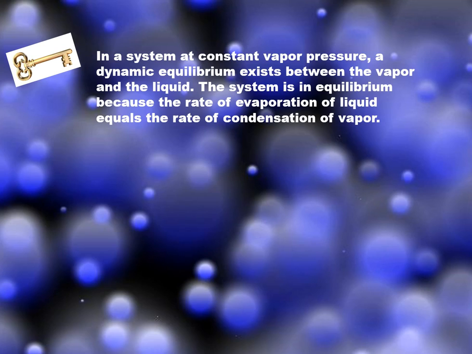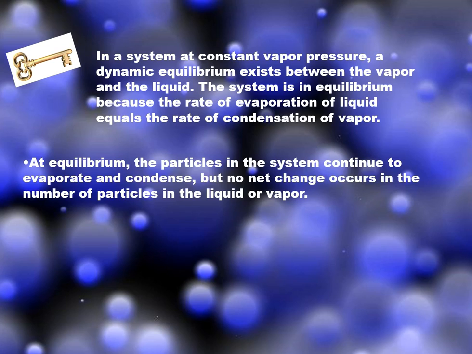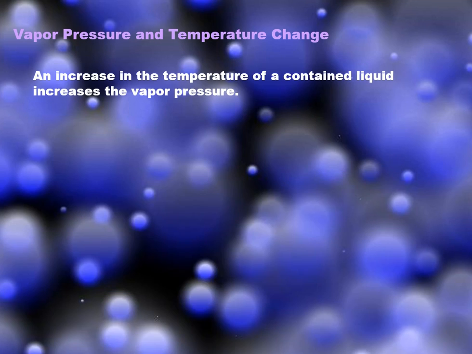The system is in equilibrium because the rate of evaporation of the liquid equals the rate of the condensation of the vapor. At equilibrium, the particles in the system continue to evaporate and condense, but you have no net change of particles in the liquid or the vapor phase because they're constantly going back and forth between those two phases. That's a dynamic equilibrium.